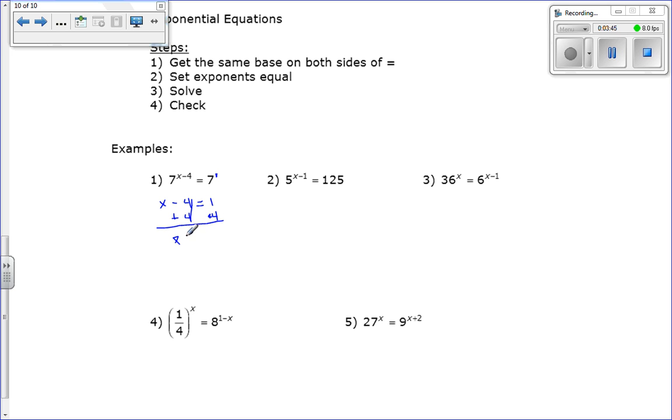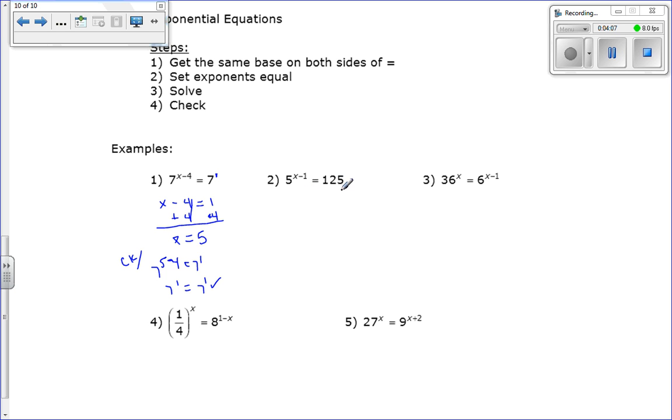So x equals 5. So to just do a quick little check, I have 7 to the 5 minus 4 equals 7 to the 1. 5 minus 4 is 1, so 7 to the first is equal to 7 to the first.